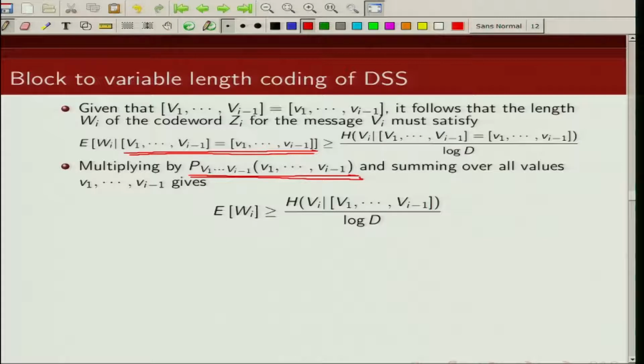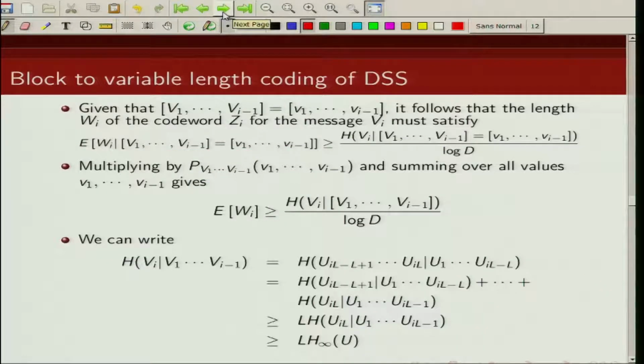If we multiply the left hand side by the probability of V1, V2, up to Vi minus 1 and sum over all of them, what we get is the unconditioned expectation. So we get the expected value of Wi, and if we do the same thing on the right hand side, we get the uncertainty in Vi given V1, V2, V3, up to Vi minus 1.